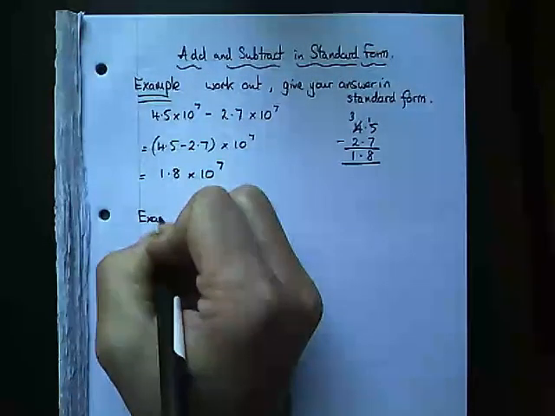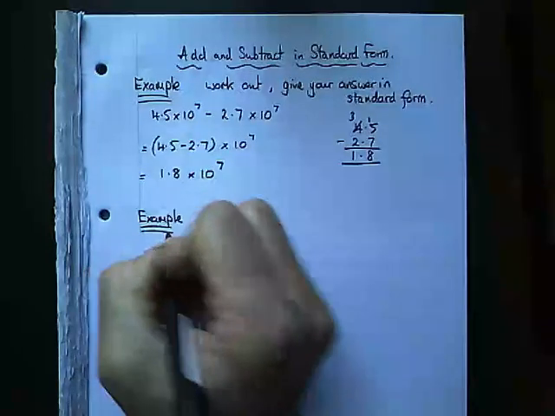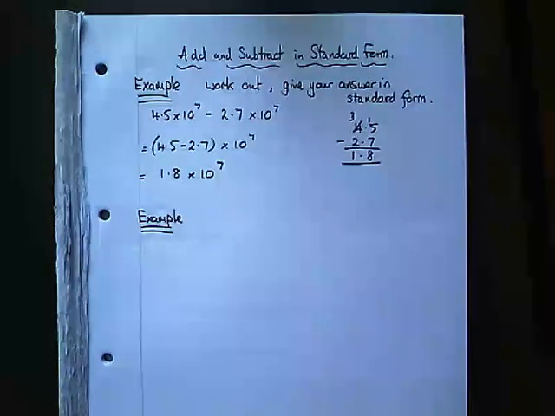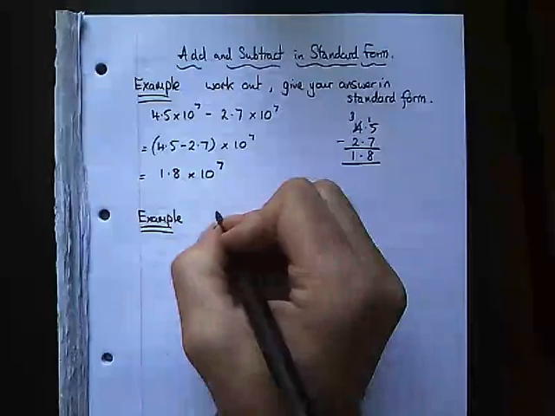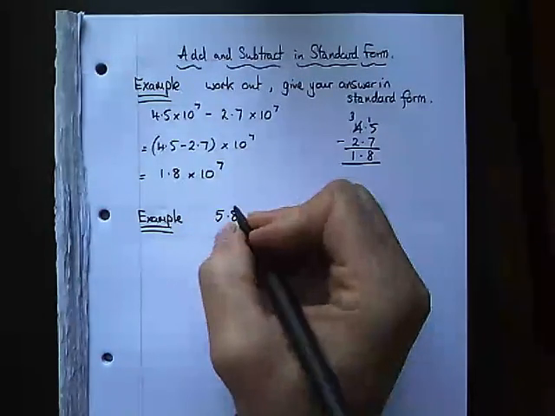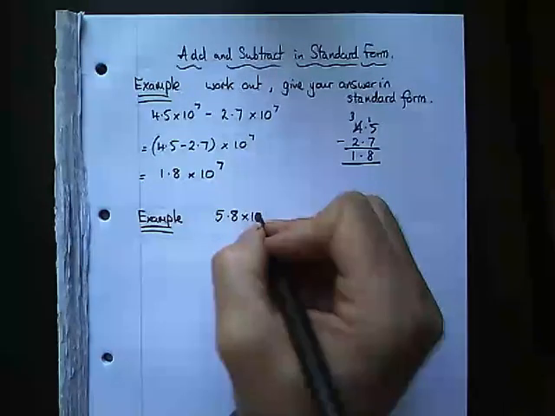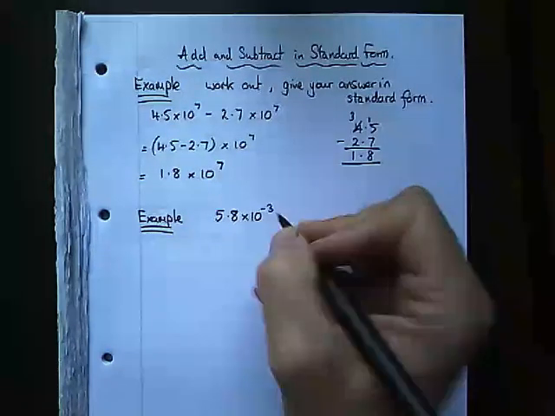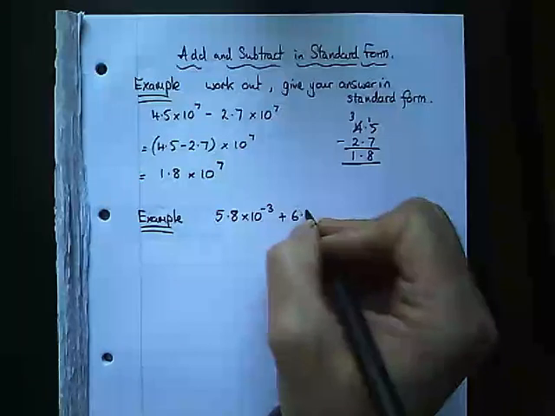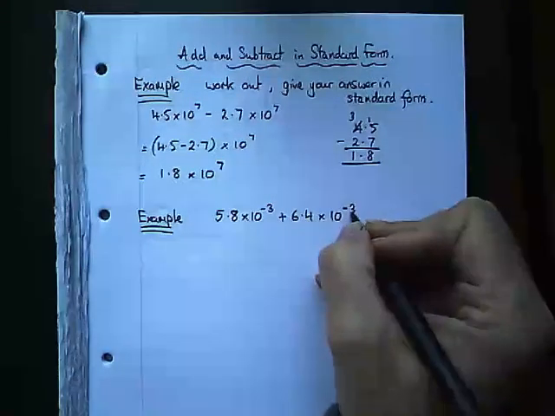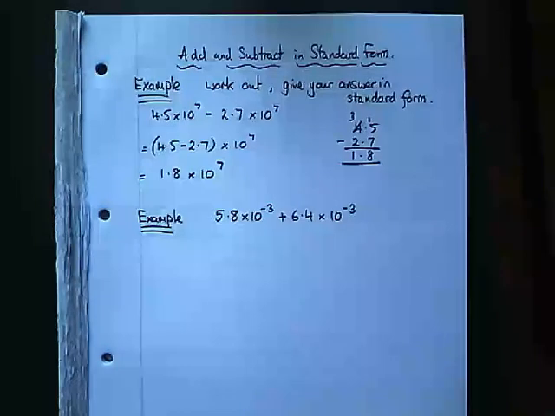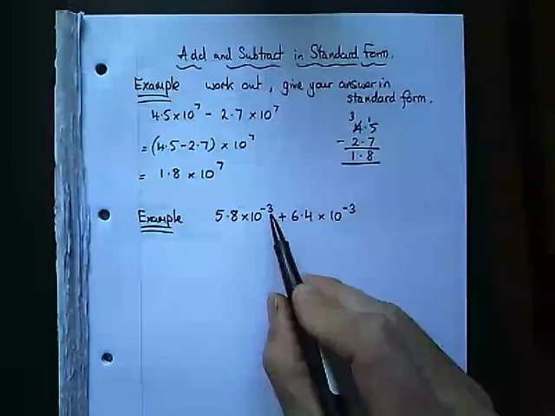So let's have a look at another example. What we'll do is 5.8 times 10 to the minus 3 plus 6.4 times 10 to the minus 3. So the first thing to notice is these two powers are the same.